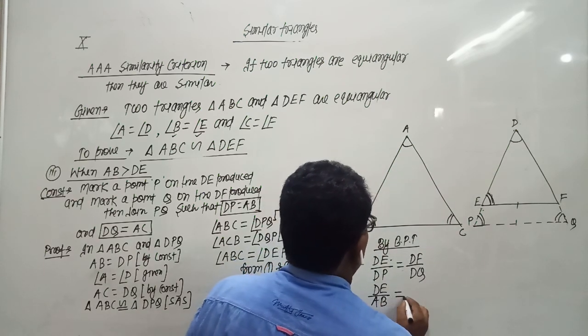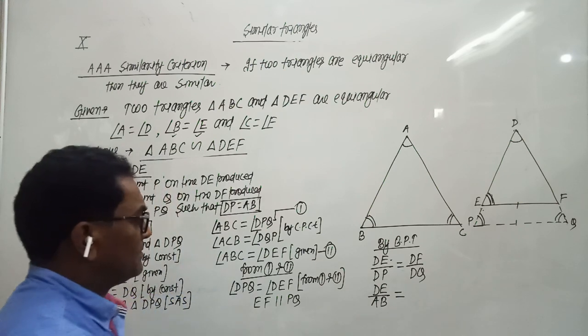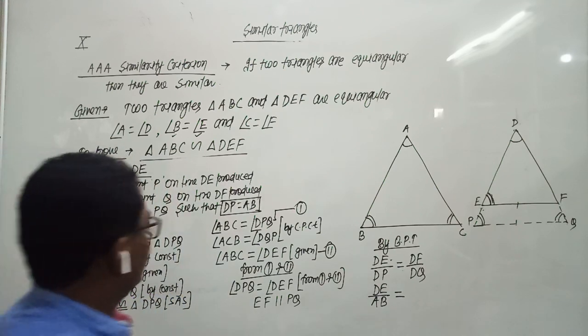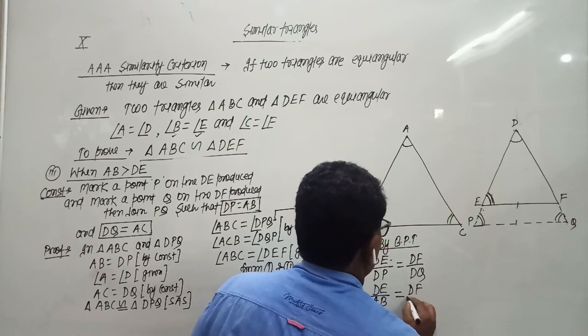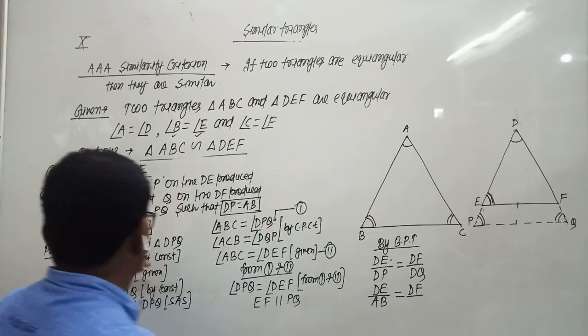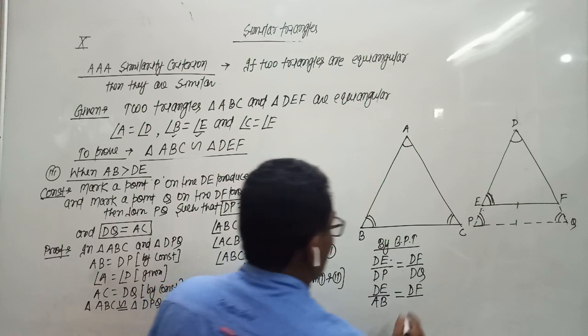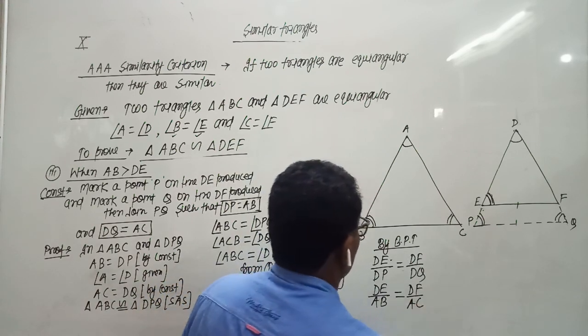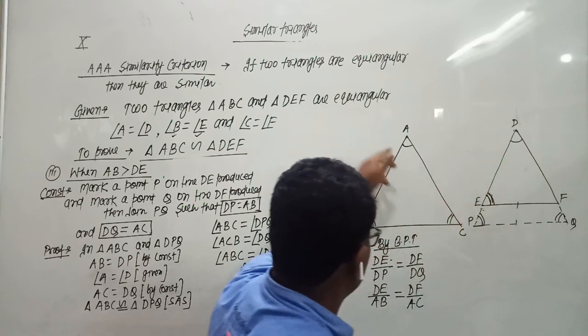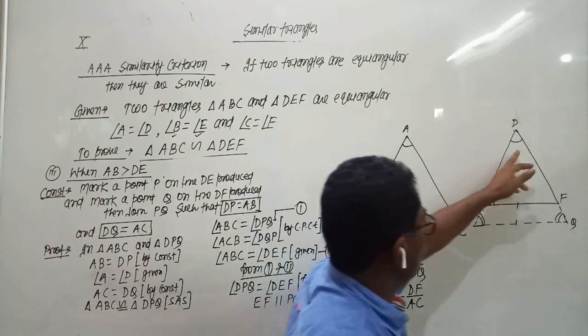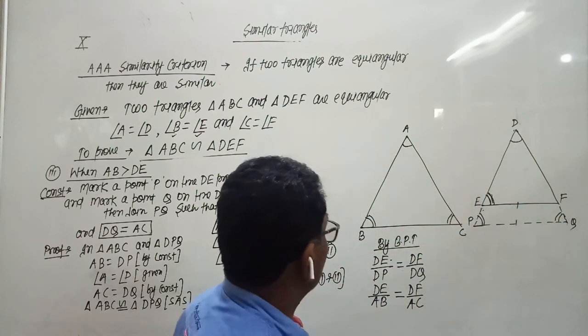is equal to DF, which we write as it is, upon AC in place of DQ. So we get DE upon AB equals DF upon AC.